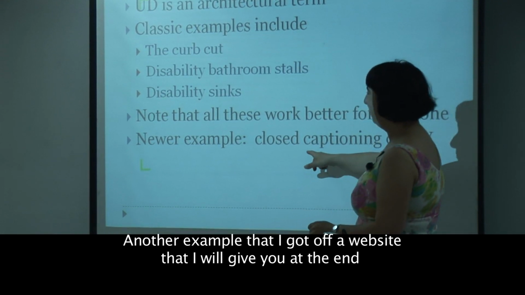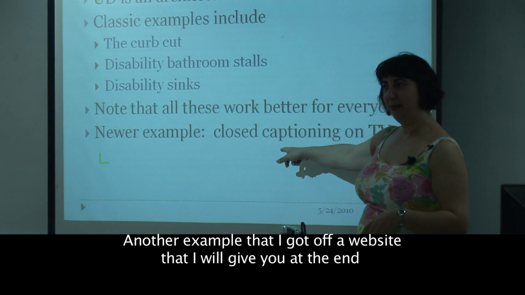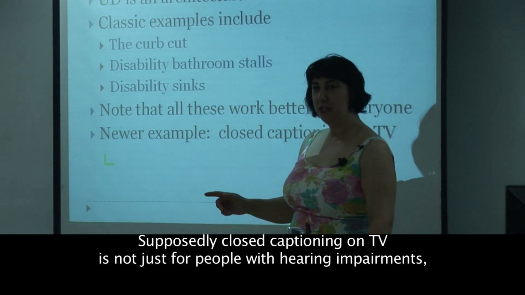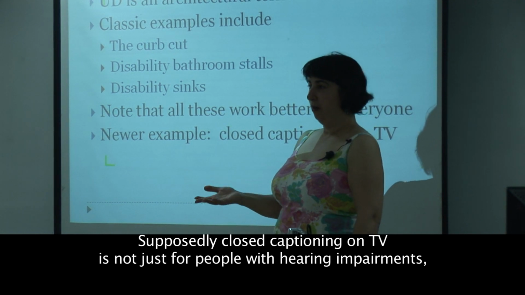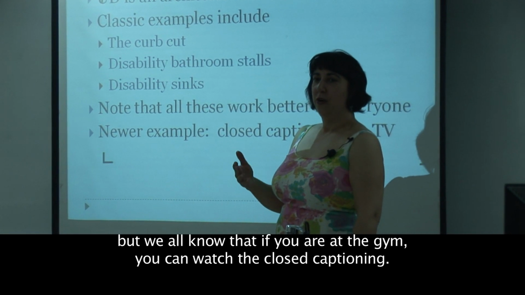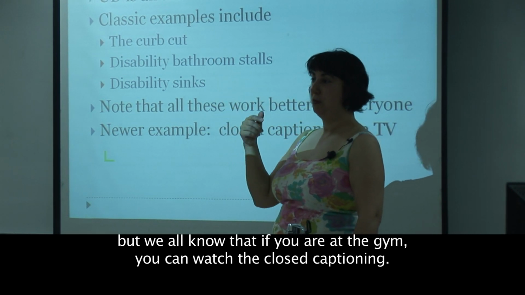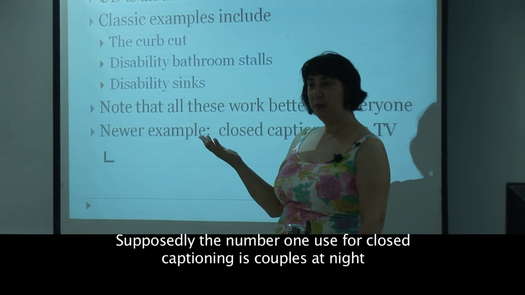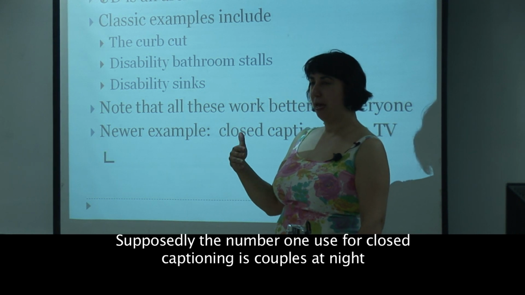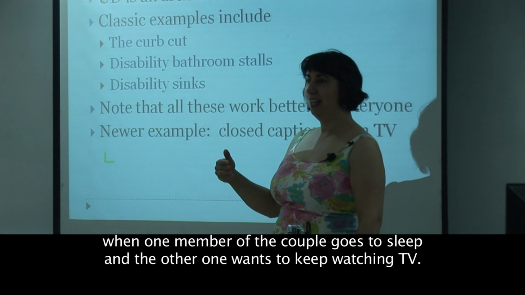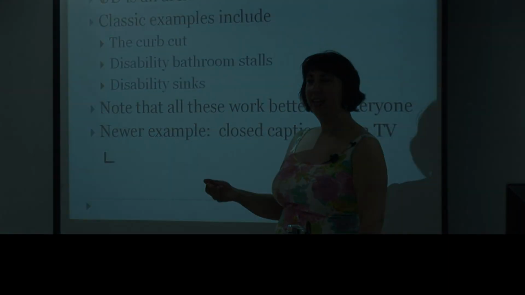Another example that I got off of a website that I give you at the end is closed captioning on TV. Supposedly, closed captioning on TV is not just for people with impairments. We all know that if you're at the gym, you can watch the closed captioning, and supposedly the number one use for closed captioning is couples at night, when one member of the couple goes to sleep and the other one wants to keep watching TV.